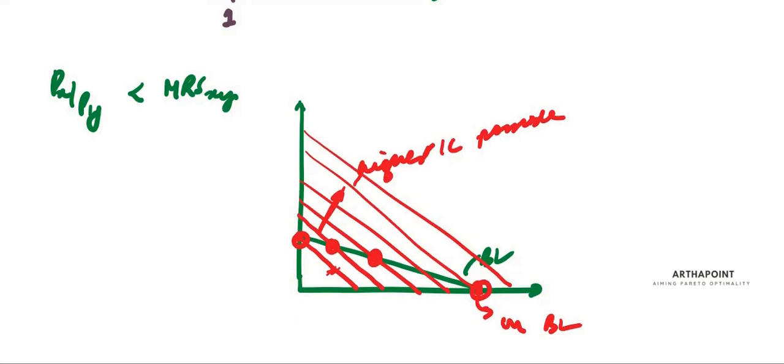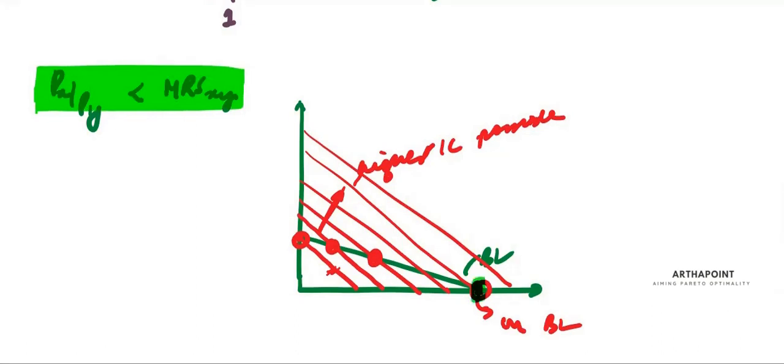So when Px by Py is less than MRS XY, I reached a point of equilibrium, which is here. This is the highest indifference curve I have reached.